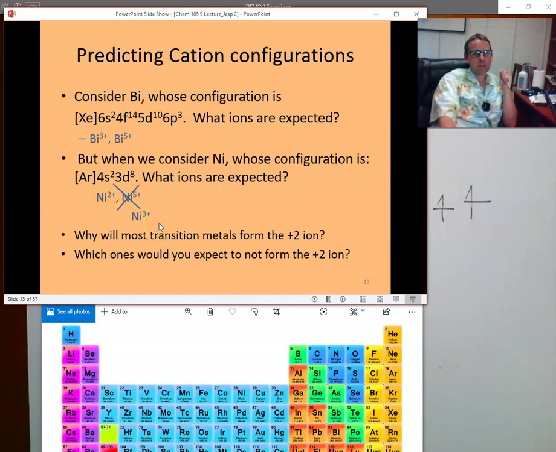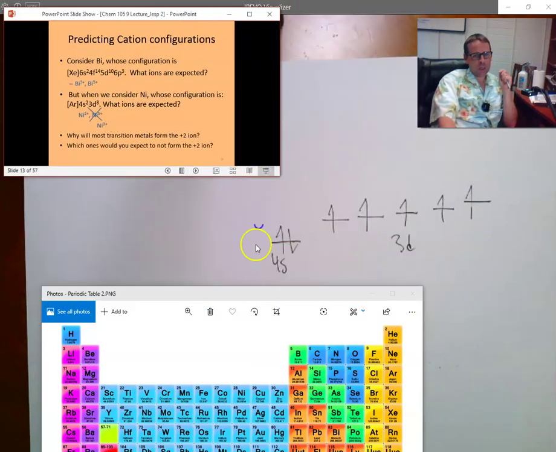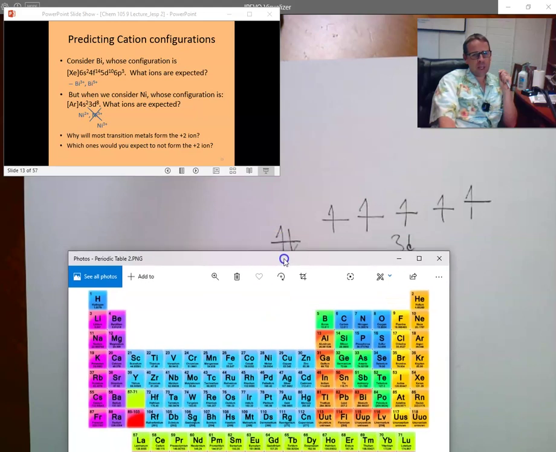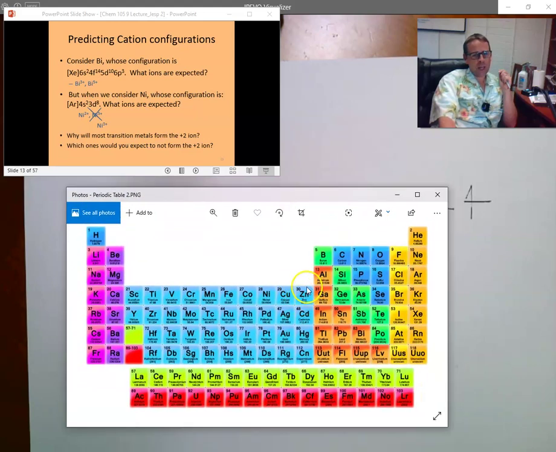All right? So here's another question that I'm going to have for you. Zinc atom. Unlike other transition metals, zinc only forms one charge state, only has one kind of ion that it forms.